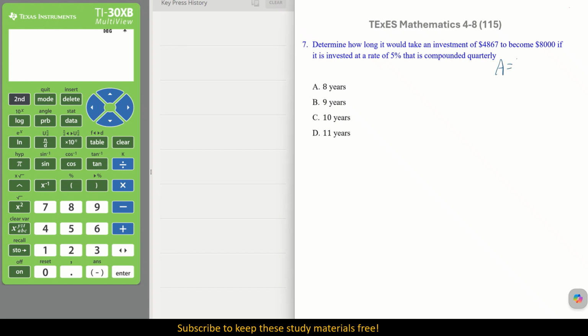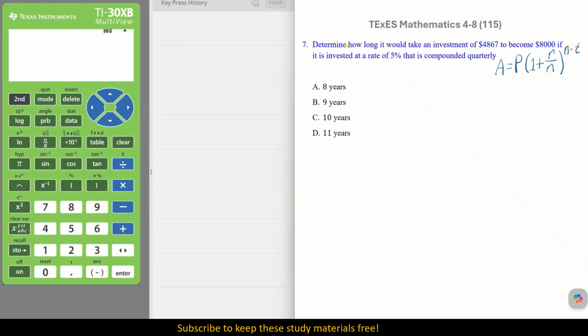A equals P, and then in parentheses, 1 plus whatever your percentage rate is over the number of compounding times during the period, and then raised to the n times t. N is for number of times compounded, t is for time.